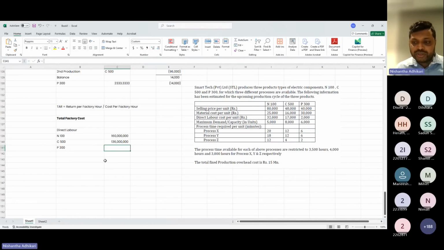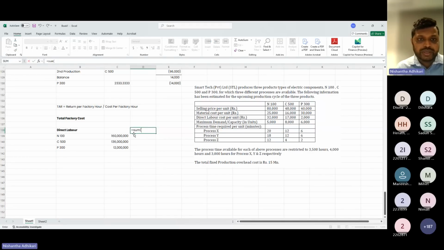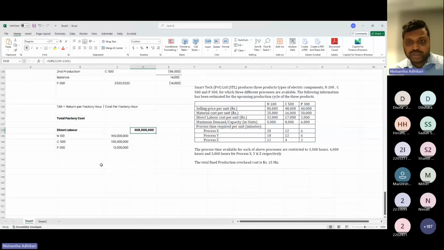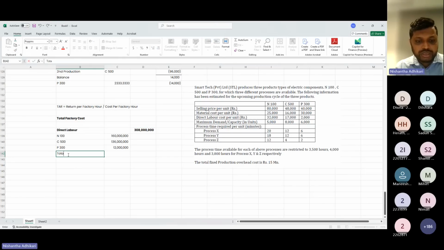Then the other one, 2,000 into 6,000, 12 million. Therefore, if I take the total, 308 million direct labor. Not only that, there's a total fixed production overhead of 15 million.